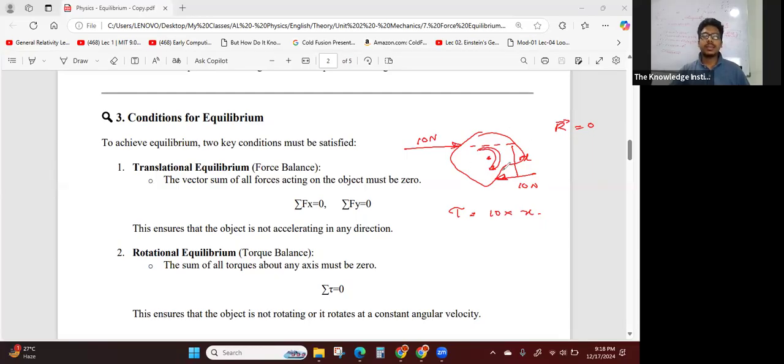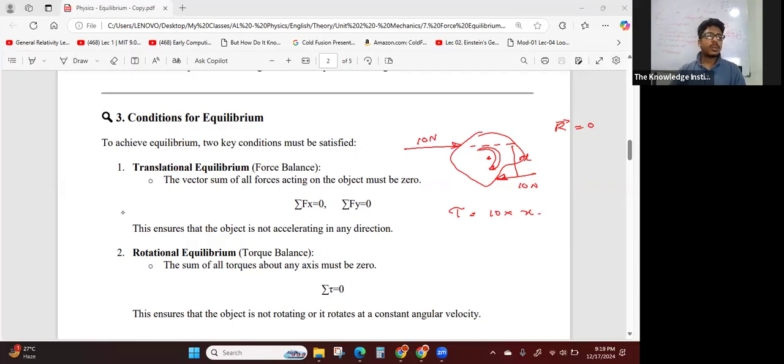Initially, let's say it's stationary, but if I apply force on both sides, it starts rotating. That means angular displacement is changing, therefore angular acceleration will be there. That angular acceleration is achieved by this non-zero moment of force.